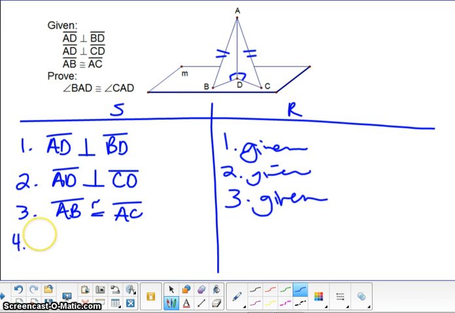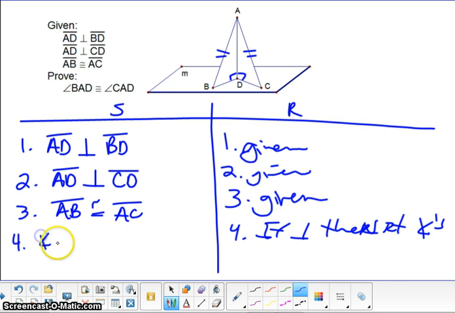And because they are perpendicular, so if perpendicular, then you're going to have right angles. And those right angles would be angle ADB and ADC, because if perp, then right angles.